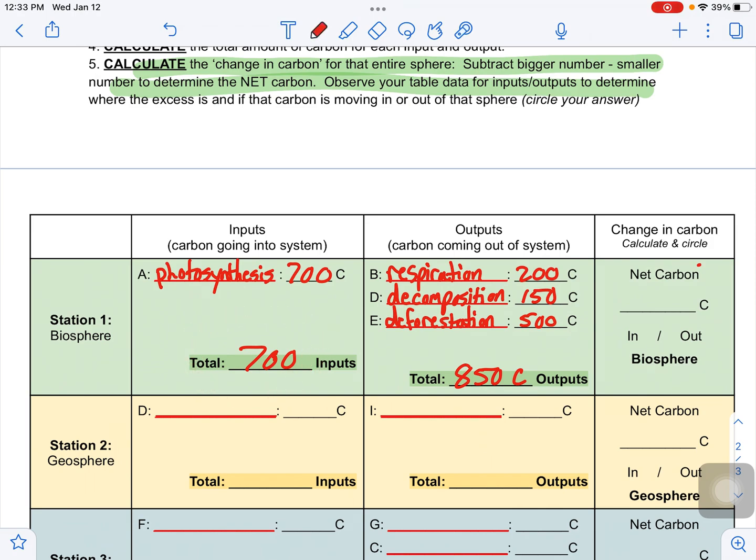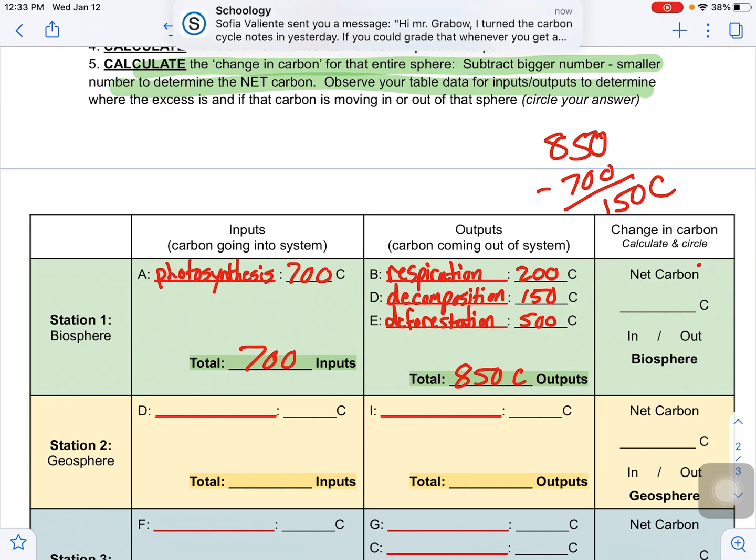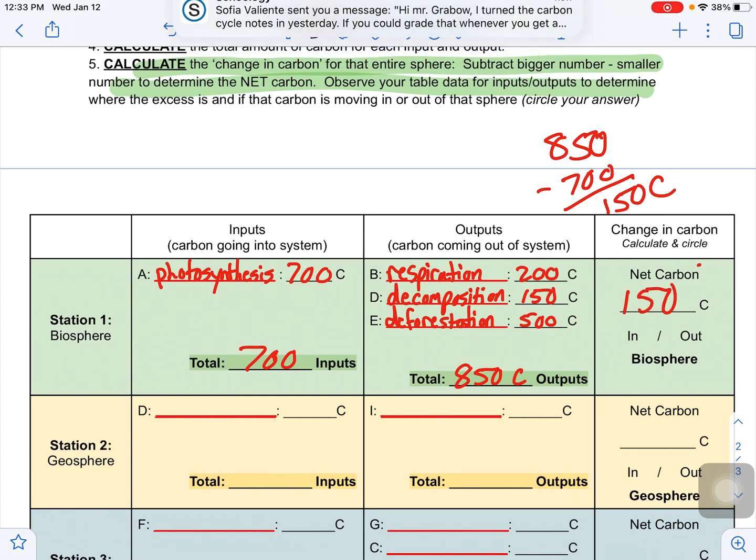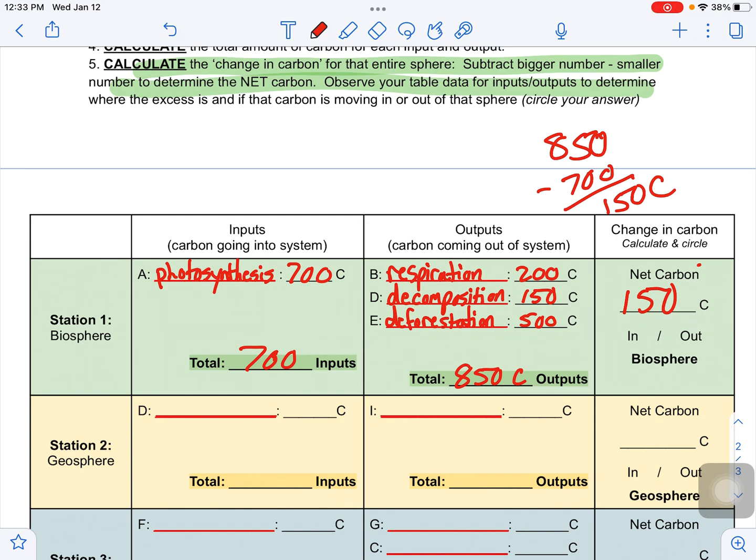So I'm going to take 850, subtract 700, and I get a total of 150 units of carbon. Now, my bigger number was my output, so I know that more is going out of this system than into this system by 150. So I'm going to put 150. We have a net of 150 going out of the biosphere.